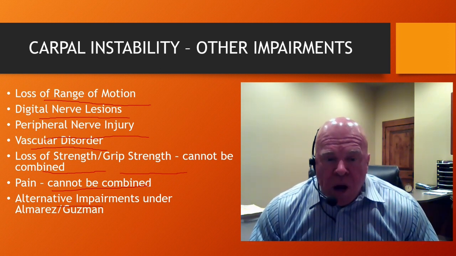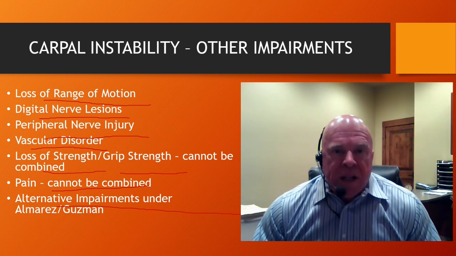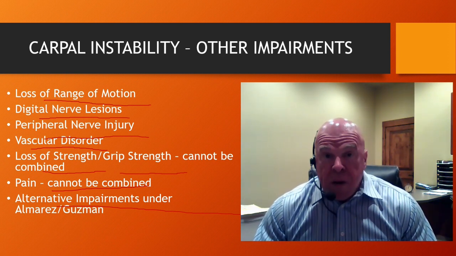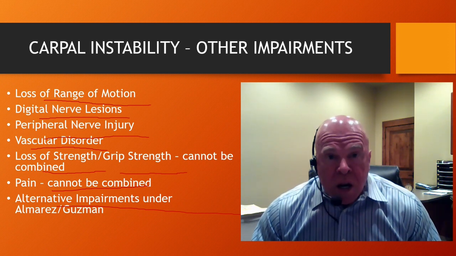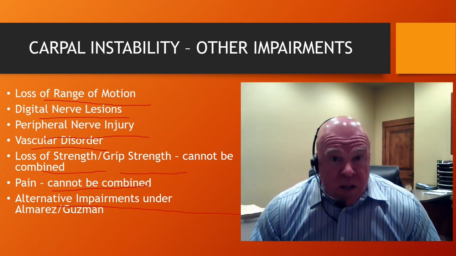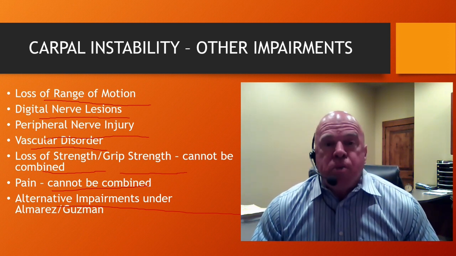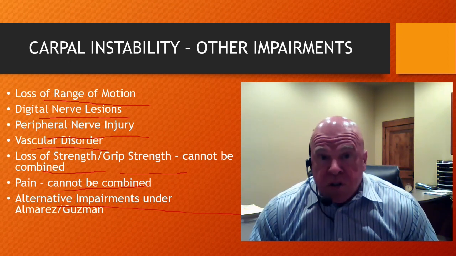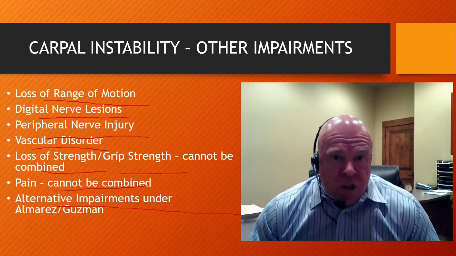But under Alvarez and Guzman, as you know, we have great liberty and great laxity to apply alternative impairments, even disregarding some of the instructions that are provided in the AMA Guides, if in your opinion and within reasonable medical probability, those impairments are a more accurate description of the examinee's true condition.